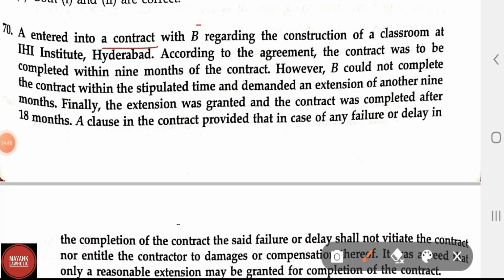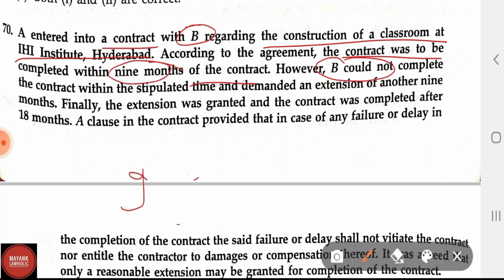Now let us see question number 70. A entered into a contract with B regarding the construction of a classroom at IHI Institute, Hyderabad. According to the agreement, the contract was to be completed within 9 months. However, B could not complete the contract within the stipulated time and demanded an extension of another 9 months. Finally, the extension was granted and the contract was completed after 18 months.